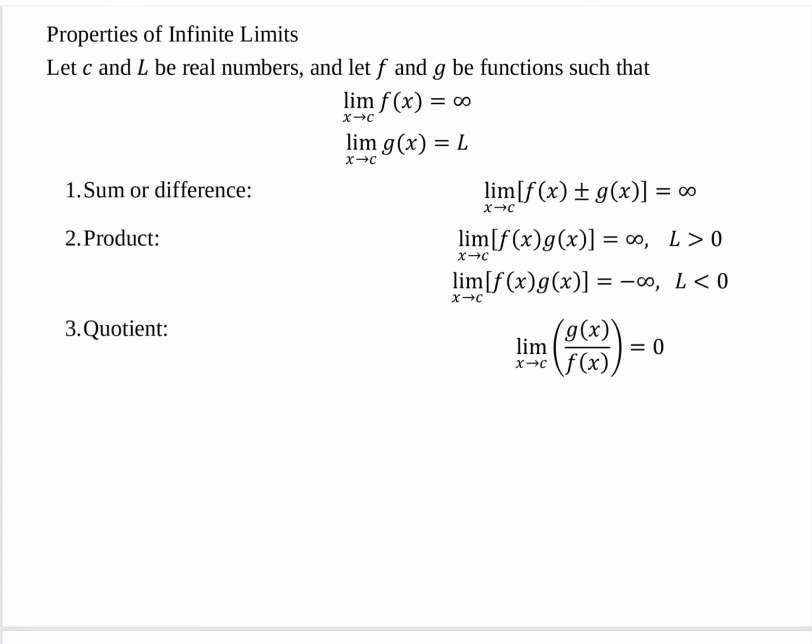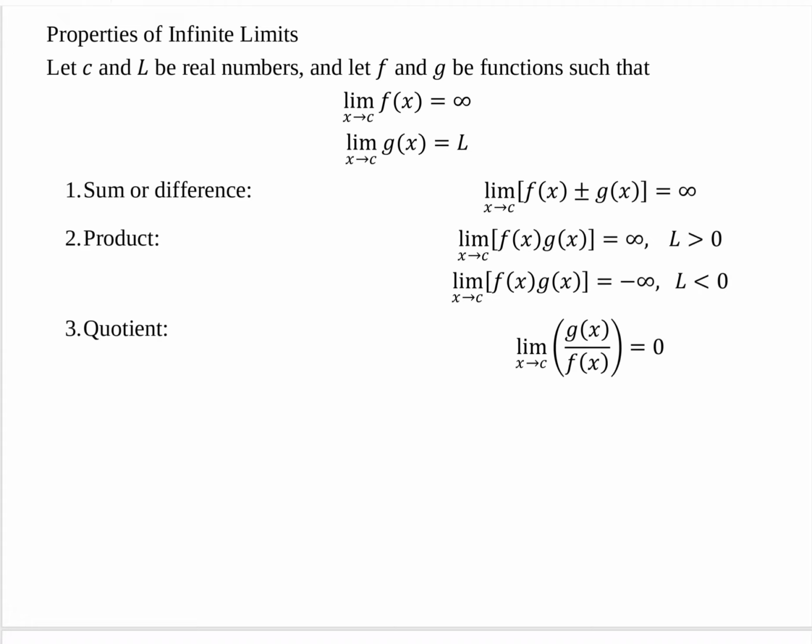Okay, so the sum or difference, the limit as x approaches C of f of x plus or minus g of x. So f of x is going off to infinity on the limit. G of x actually exists there. Doesn't matter. When we add those two things together, we're going to wind up with an infinite limit, because you have infinity plus a number. It just doesn't work.